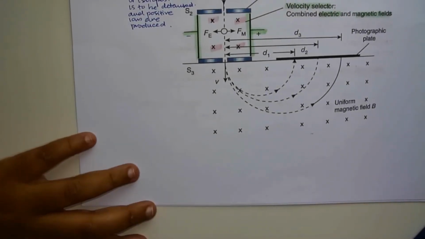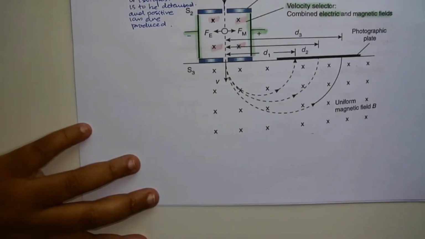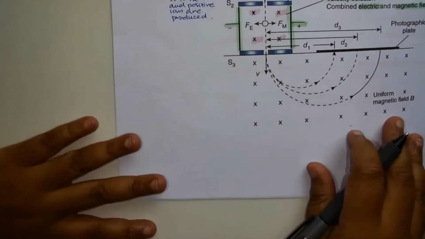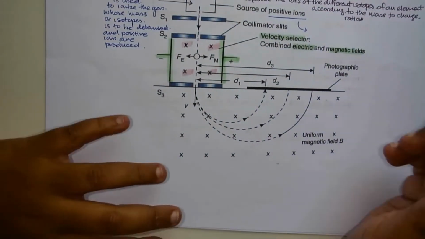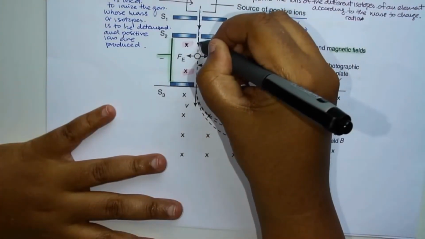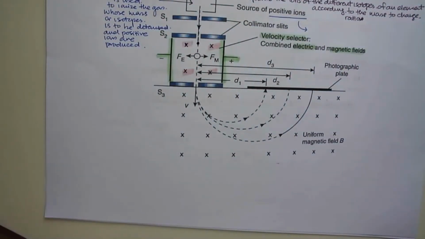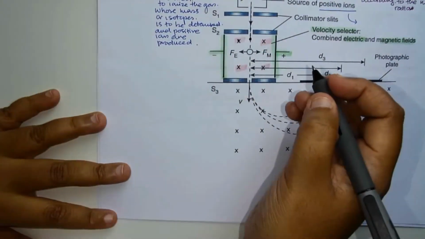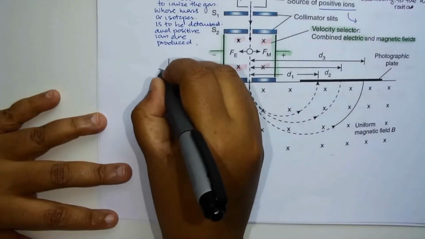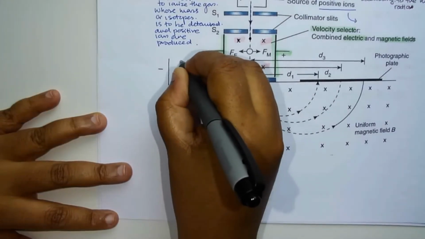Let's talk about what actually happens inside the velocity selector. First, the ion will experience an electric force. This is the negative plate, this is the positive plate, and this is the ion.